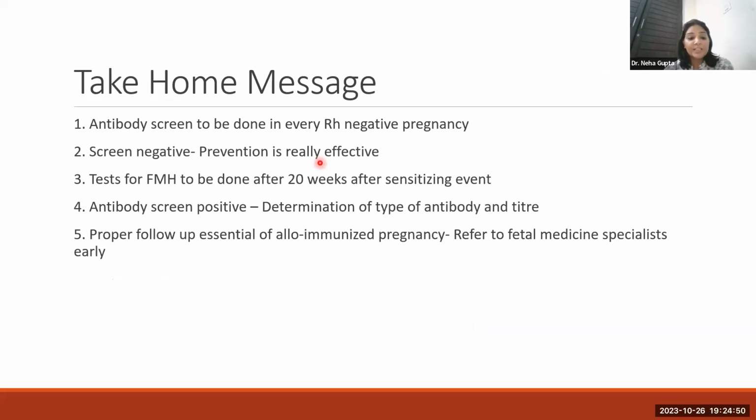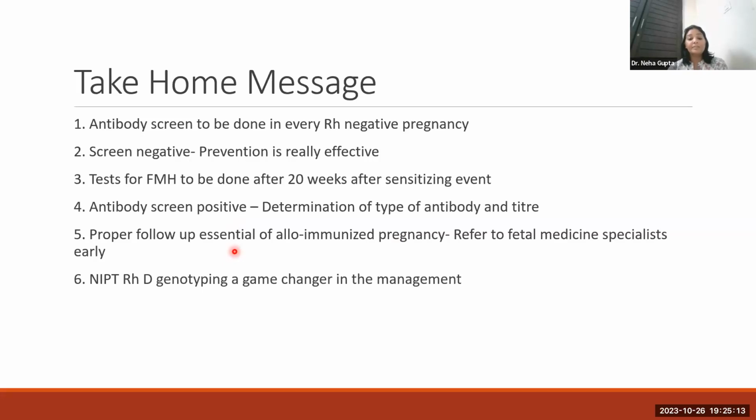Testing for fetal-maternal hemorrhage is to be done after 20 weeks after the sensitizing event, but I really do not know where it can be done. And if the antibody screen is positive, determine the type of antibody and titer, and ensure proper follow-up of such pregnancies, because with proper follow-up, the outcomes are really good.